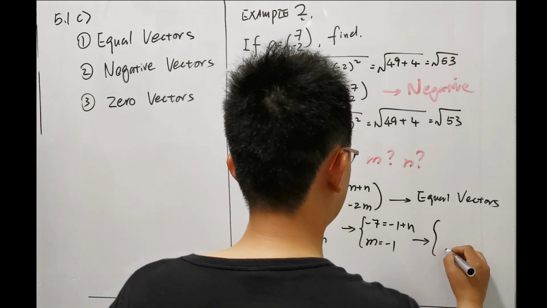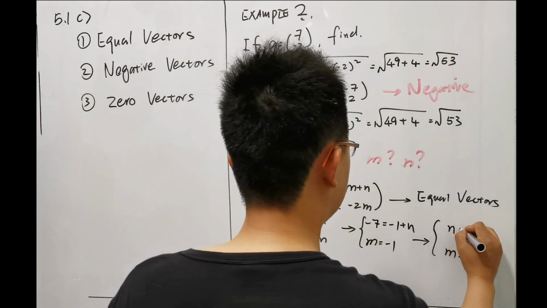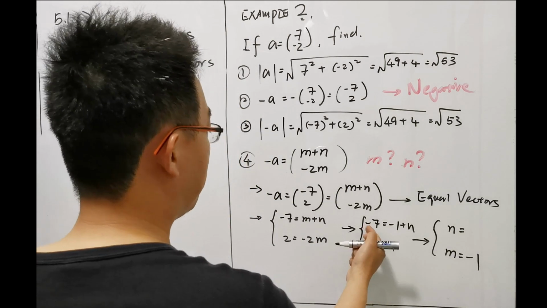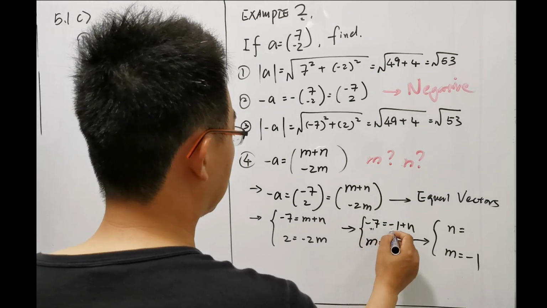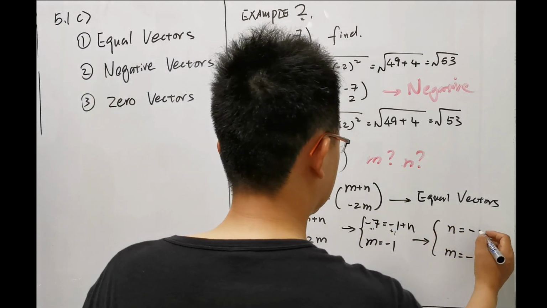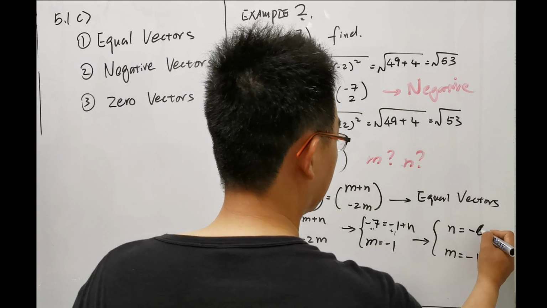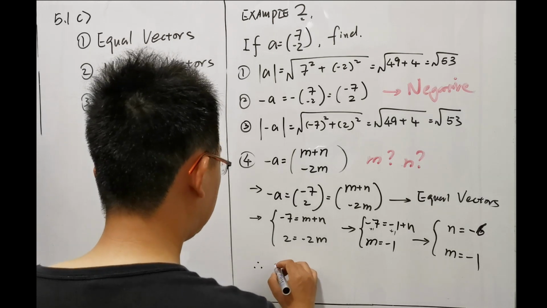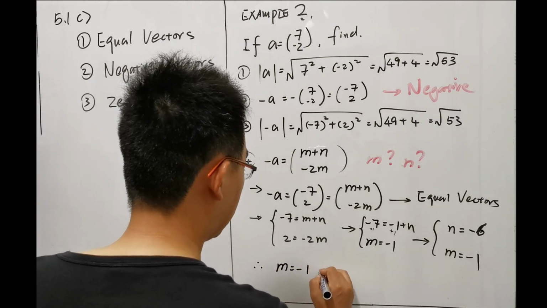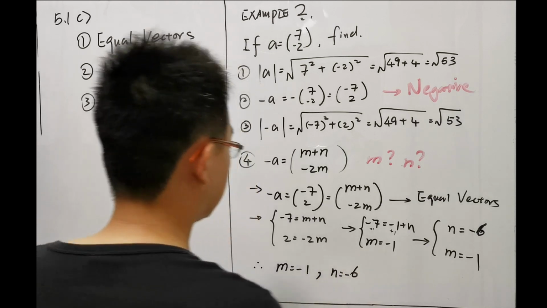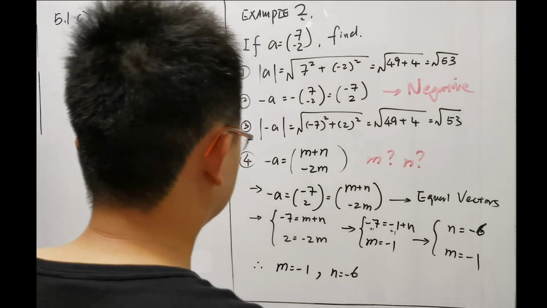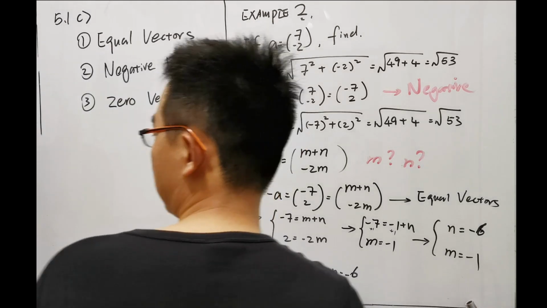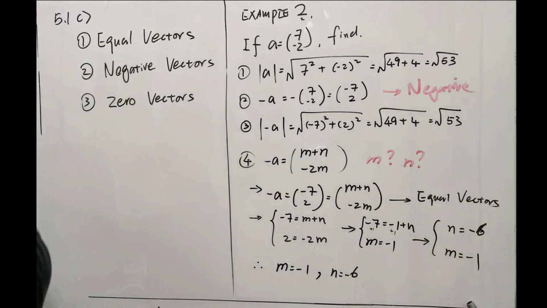From here, m equals minus 1, and n equals, we add 1 to both sides, so here will be minus 6. Right? Finally, we see m equals minus 1 and n equals minus 6. So it's a simple equation. Okay, from here we finish example 2.